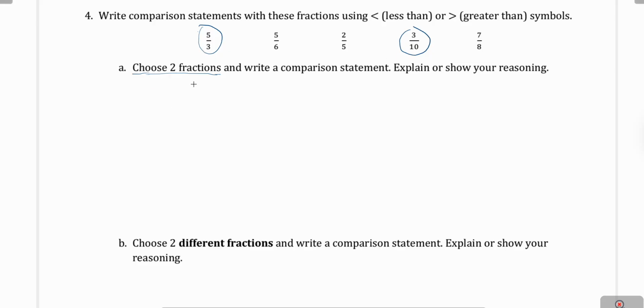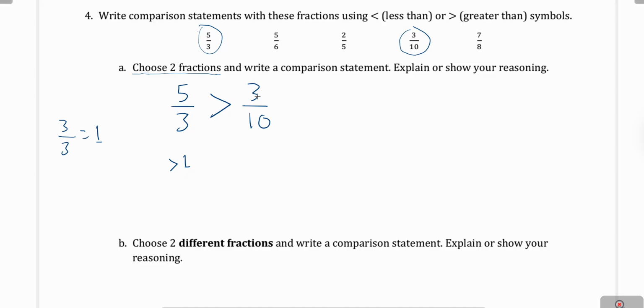I think that 5/3 is greater than 3/10 because I know that 5/3 is greater than 1/2, because I know that 3/3 is 1. So 5/3 is more than 1/2.